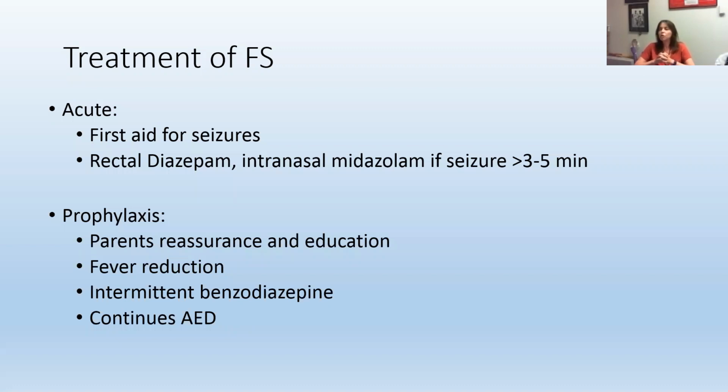And why did it change? In the past, we actually didn't treat it as fast. But it is very clear nowadays that if the seizure goes beyond 5 minutes, there is very low chance that the seizure will abort and resolve by itself. And we know that when the seizures are more prolonged, it's much harder to stop them, even with treatment like rectal diazepam.